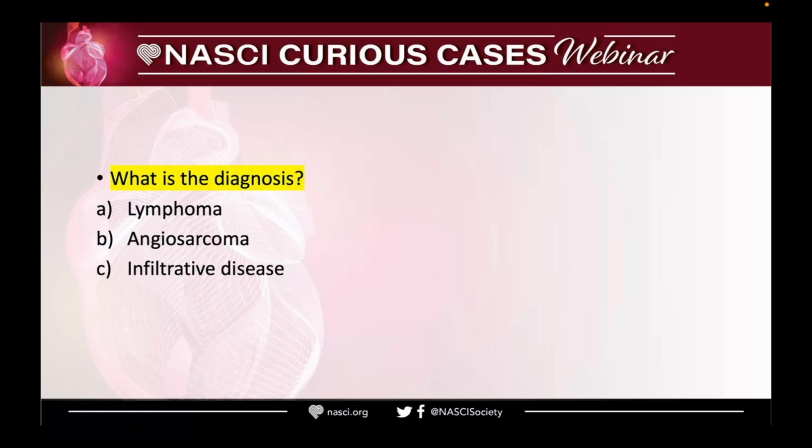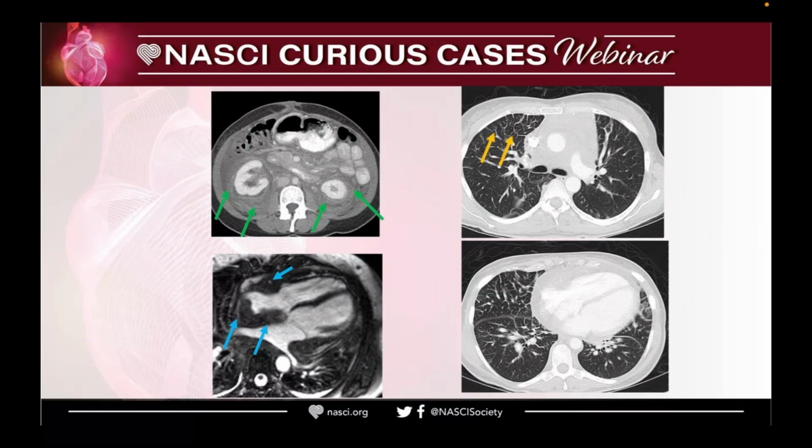Let's see the other images for the same patient. This patient had additionally some images of the abdomen and CT scan of the chest, and we had that single view from the cardiac MRI that shows extensive soft tissue thickening along the atrial wall and AV groove.